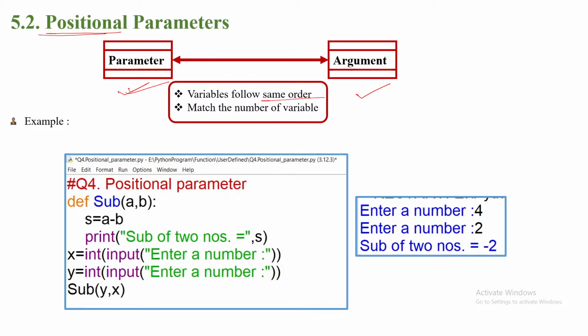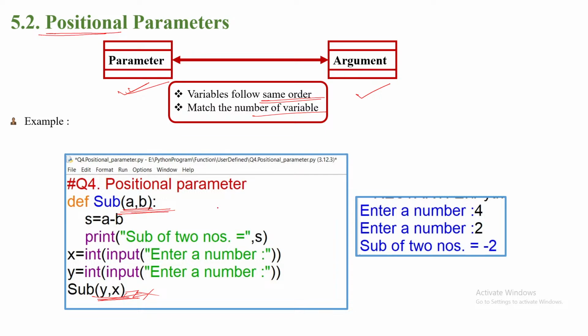Variables follow the same order. Match the number of variables. Suppose in the parameters there are 2, just like here 2 variables are given in the parameters, but whenever I pass the variables in the arguments, suppose I have given 3, whenever a mismatch comes, then output will not be generated. So we match the number of variables. That means if the parameters are 2, then passing variables are also 2.